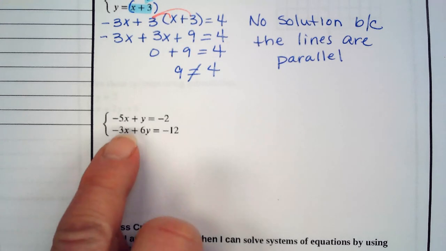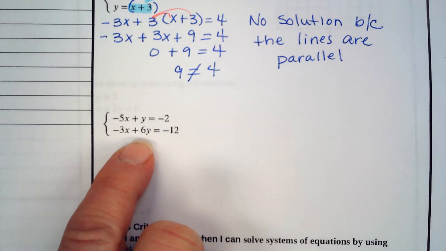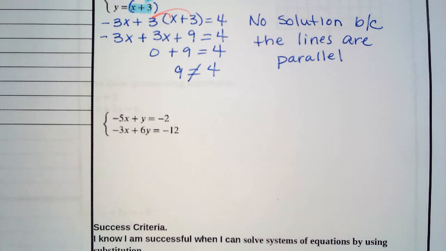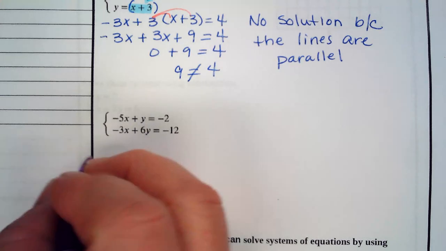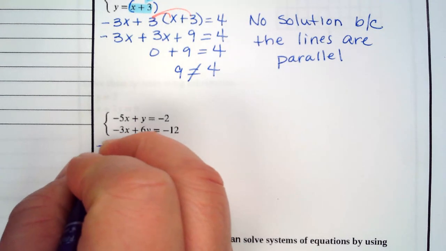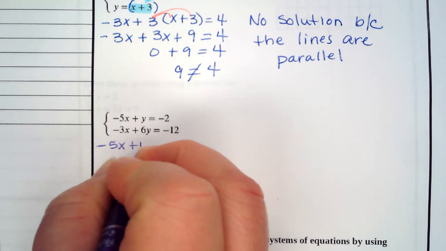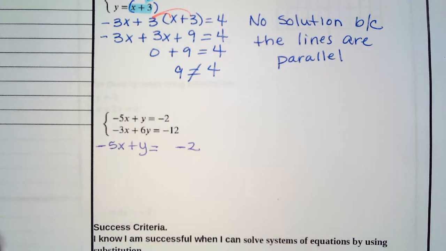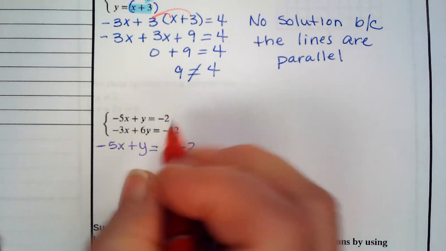Well, the first thing you had to do was solve for one of the two, for x or y. The first one is definitely the one to use. So, negative 5x plus y is equal to negative 2. I'm going to add 5x to both sides.